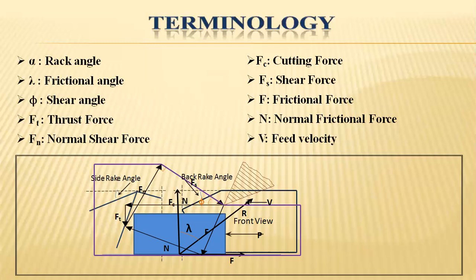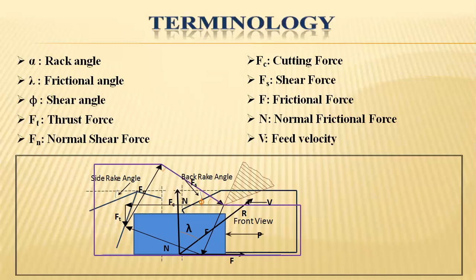F of T is the thrust force acting vertically downwards with respect to the material engagement. Fn is the normal force that tends to act normal towards the applied forces.